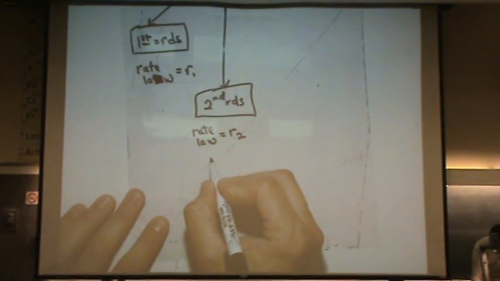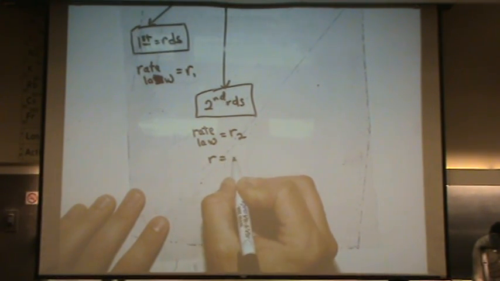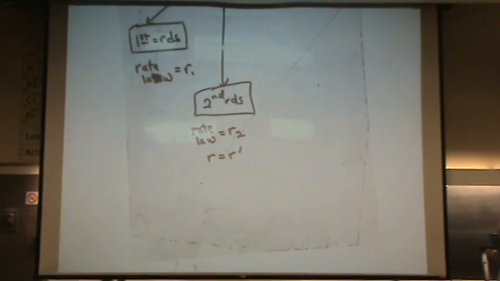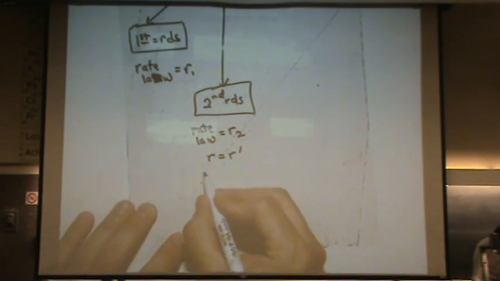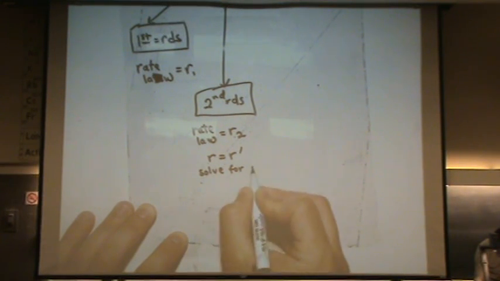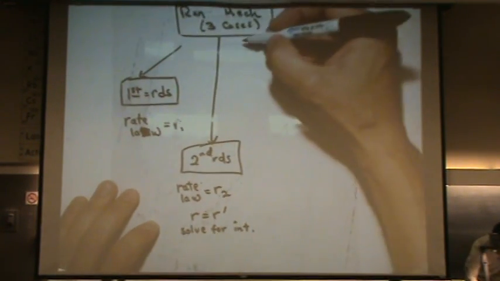And then you must use, one of the reactions will be reversible. You must set that equal to itself and solve for the intermediate. The reason you need to do that is within the rate law itself, you'll find intermediate. So you want to make that substitution so that you have an expression in the end that does not have an intermediate.